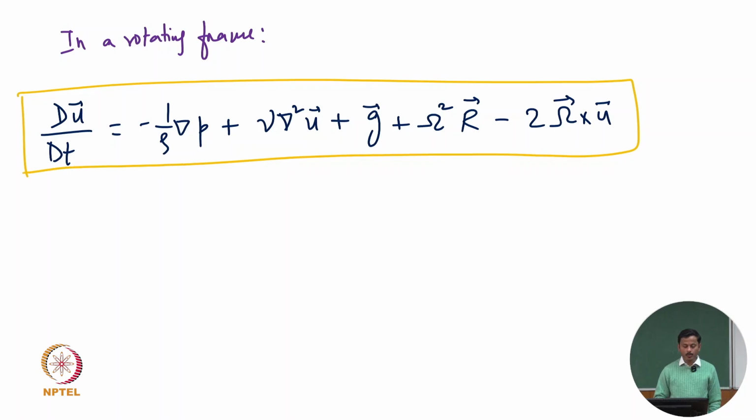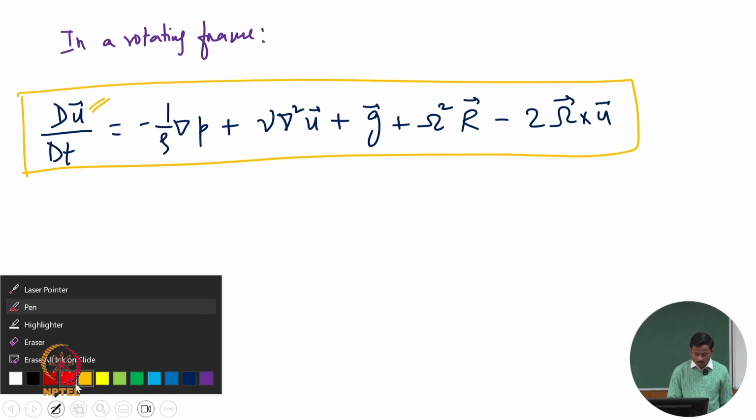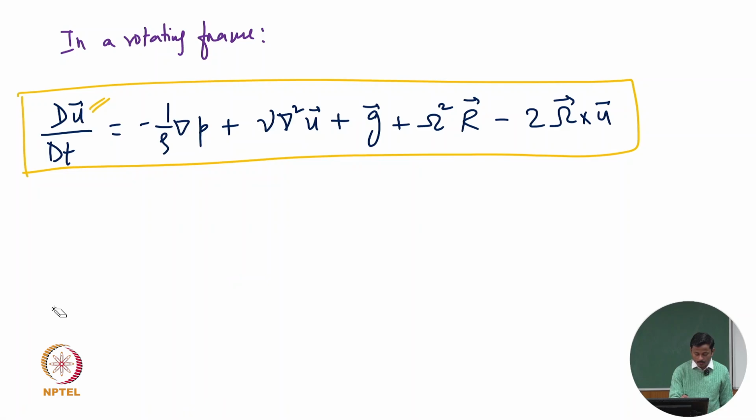This is the modified form of the momentum equation in a rotating frame of reference. So here the u velocities are measured in the rotating frame of reference. All of these quantities are being measured from the rotating frame. That is, for example, we are measuring something in the ocean or the atmosphere, and the velocities u, small u, are the ones which are represented in the rotating frame of reference.